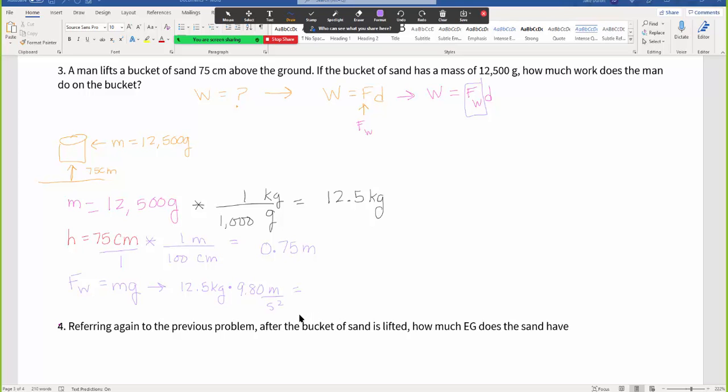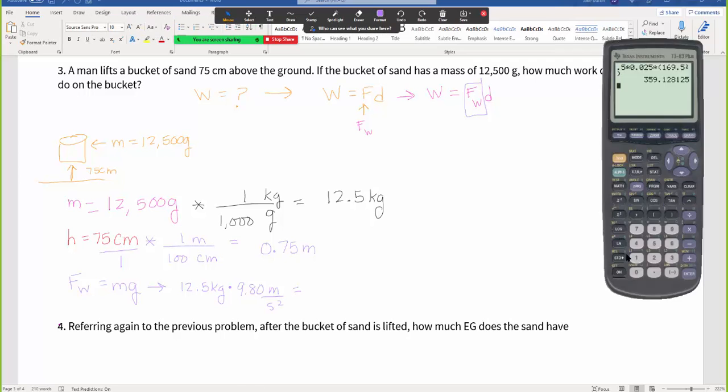And when you plug in your calculator 12.5 times 9.80, we get 122.5, and that's newtons.